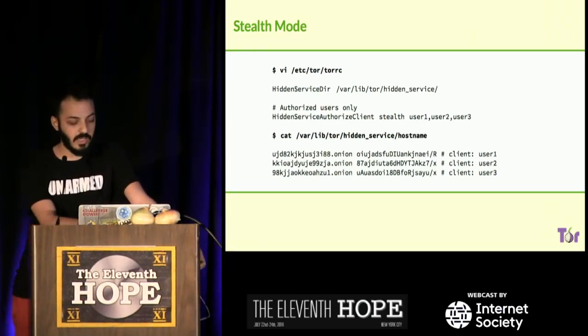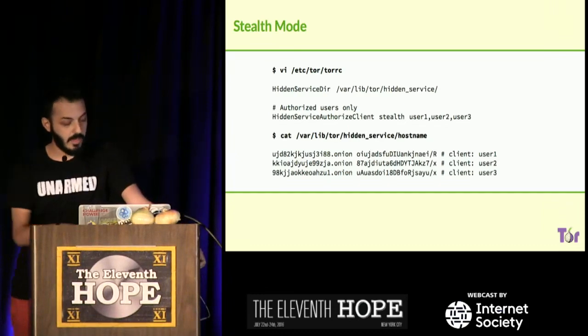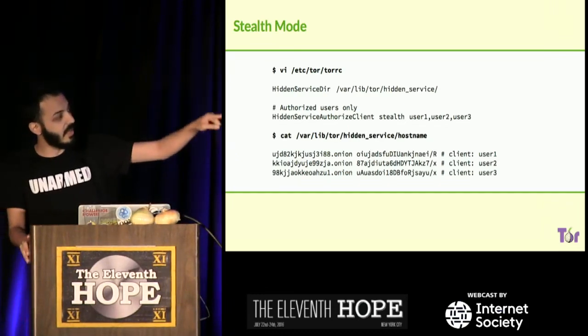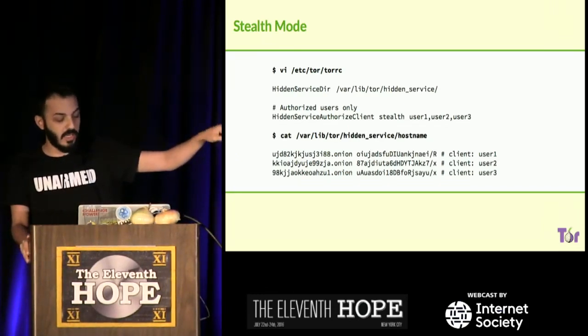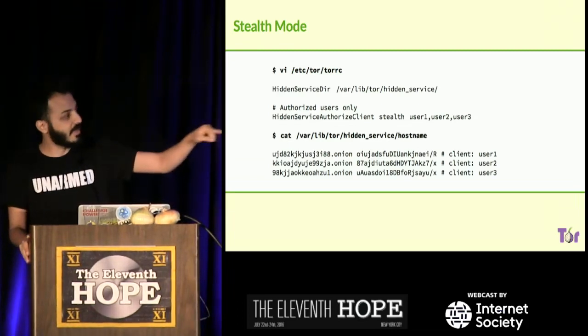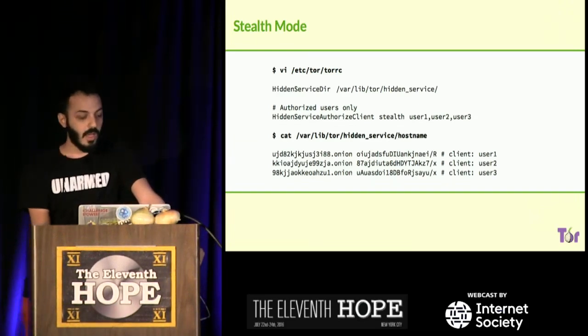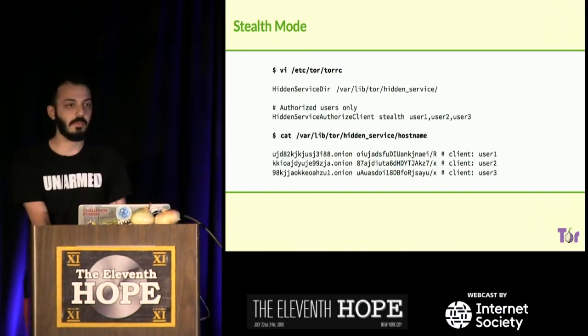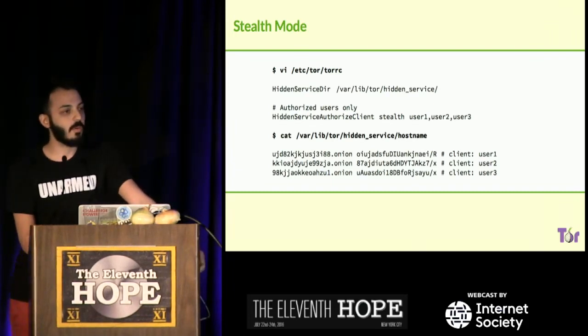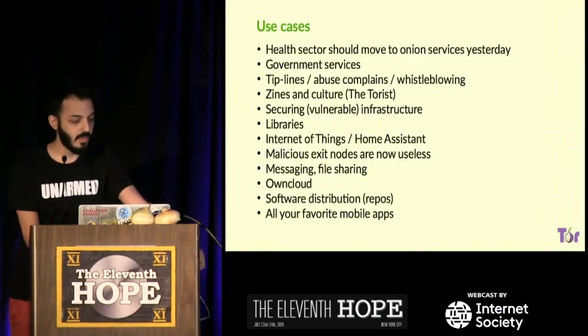The first part is the Onion address, the middle part is the unique key, and the last part is the client. You can see users 1, 2, 3 have different Onion addresses and different keys. This helps if you want to have a special infrastructure set up, which I'm going to talk about a little later.